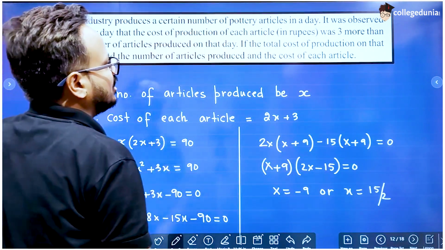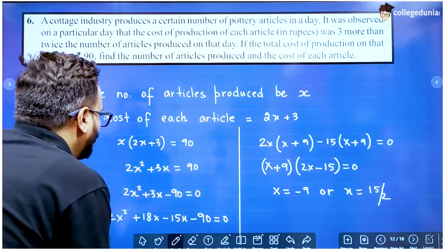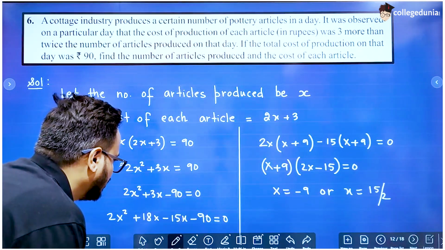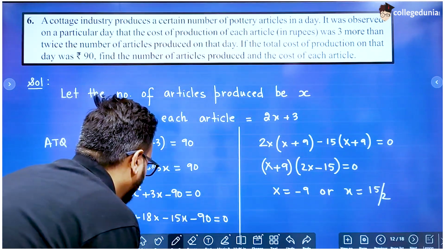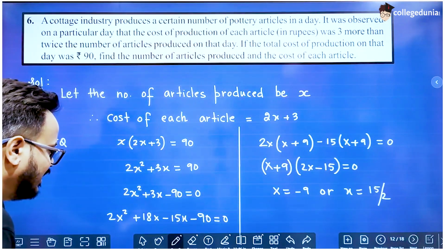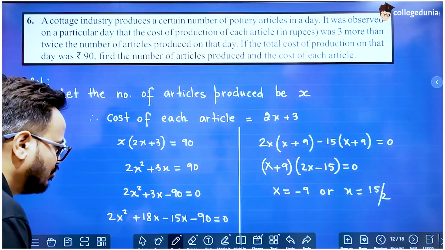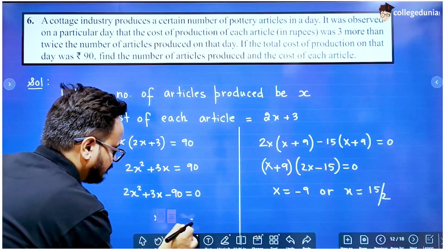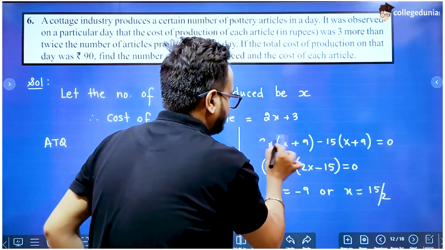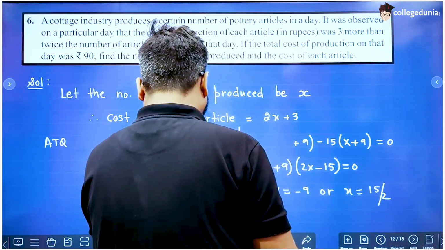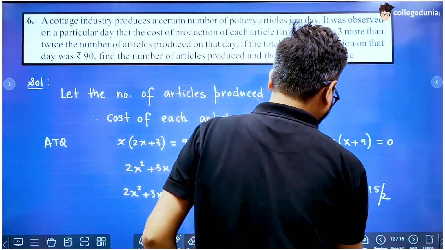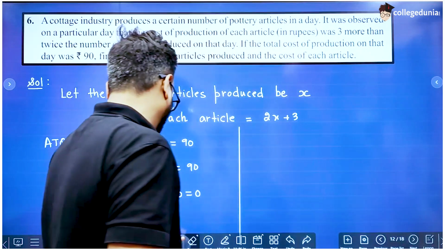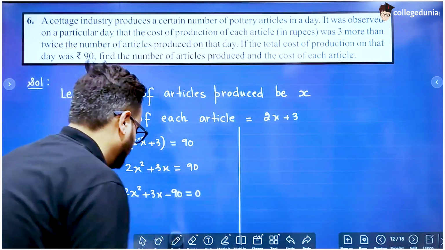So 2x plus 3 equal to 90. 2x square plus 3x minus 90. 90 into 2 is 180. 15 into 18. Oh, sorry, 15 into 18 is not 180. Wait. Fifteen into 12, no, sorry.